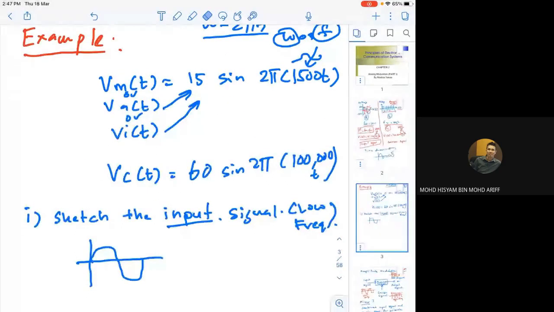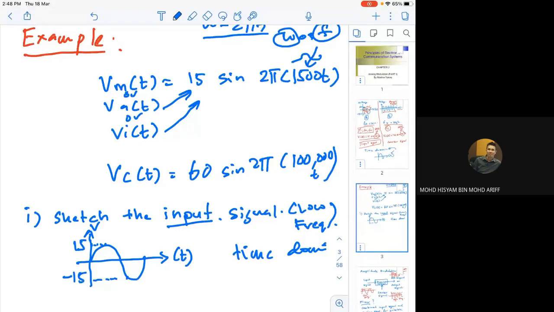You have 15, right? So you draw this one as voltage V, and this one in terms of time. This is the time domain. The values here are 15 and minus 15. Easy or not? So you already know this. Sketch the input signal like this.